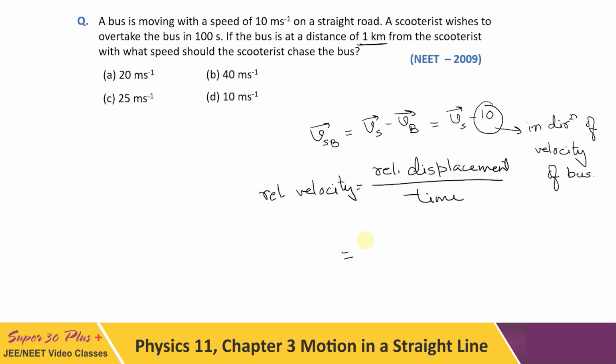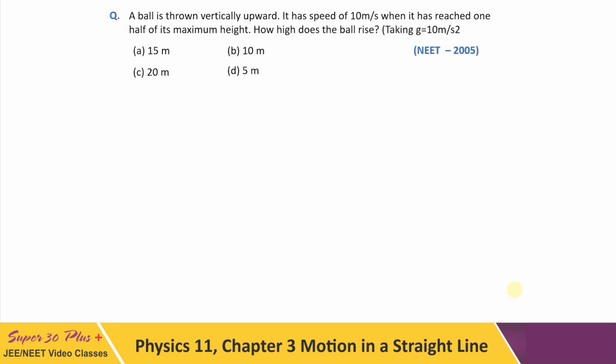So it will be 1000 upon the time taken, which is 100 seconds. Substitute this value also here. It will be Vs minus 10. So we got the value of Vs as 20 meter per second, which is option number A. One more question is there.